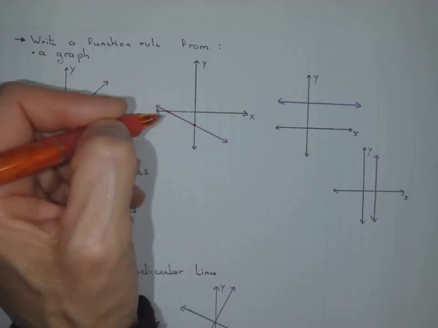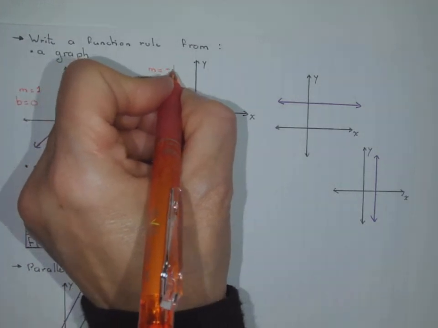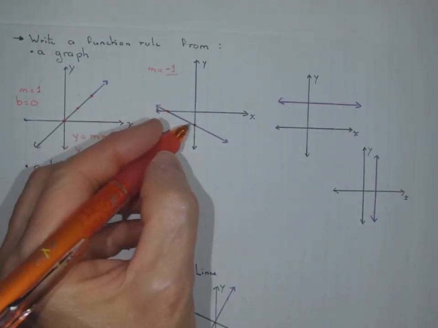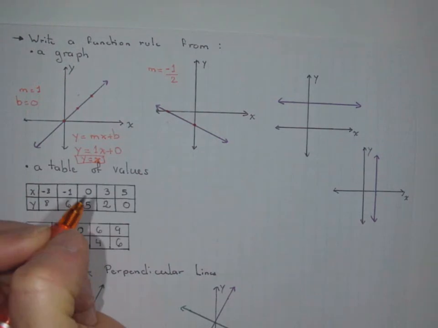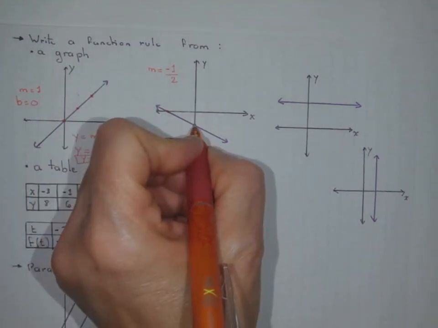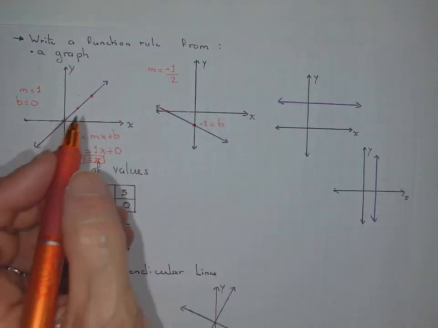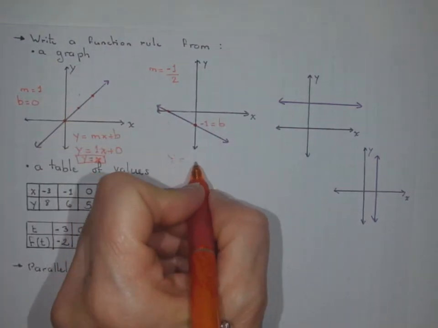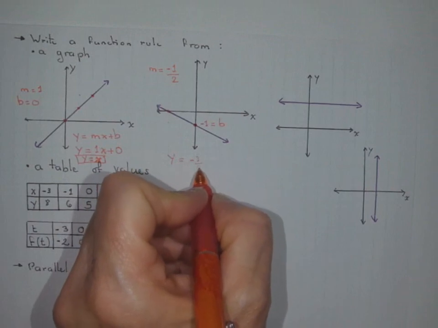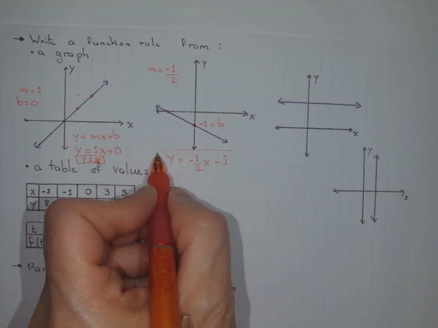The down motion is going to be shown by a negative, so the slope will be negative 1 over 2. So this will be my slope. The y-intercept I can read from the graph is right here, so the y-intercept will be negative 1, so that will be my b value, and so the equation will be y is equal to negative 1 over 2x, and then minus 1 for the b, so that's my equation right there.